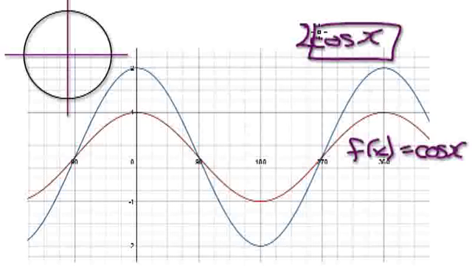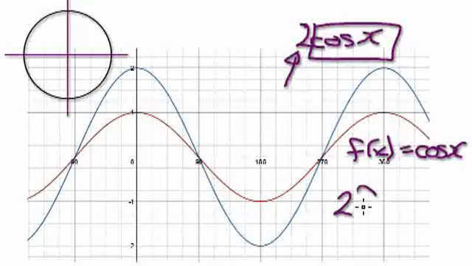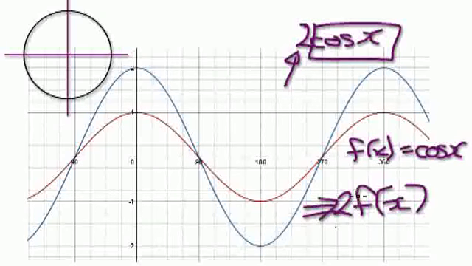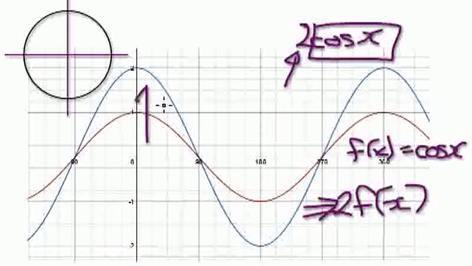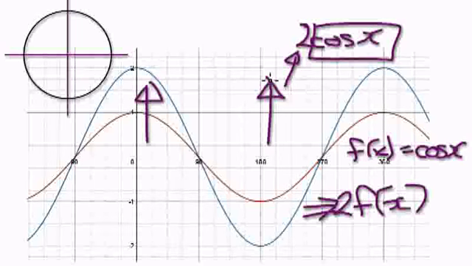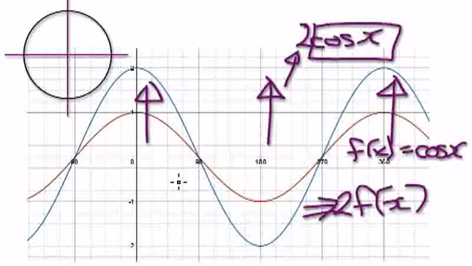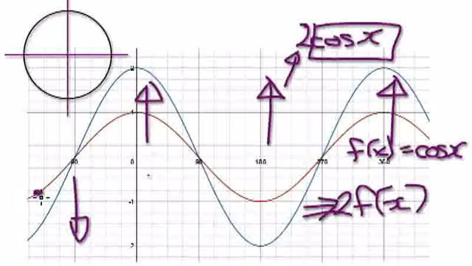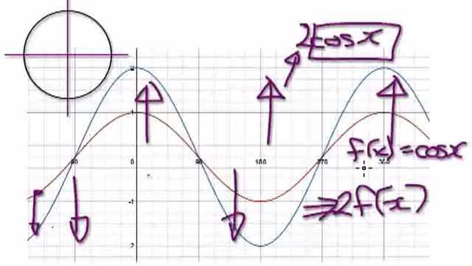So this is our old function. Now when you have 2 in front of it, it's like me giving you 2 f of x, and from our section on transformation, everything gets stretched in this direction. Things on the negative side are going to get stretched as well, so everything gets stretched downwards.